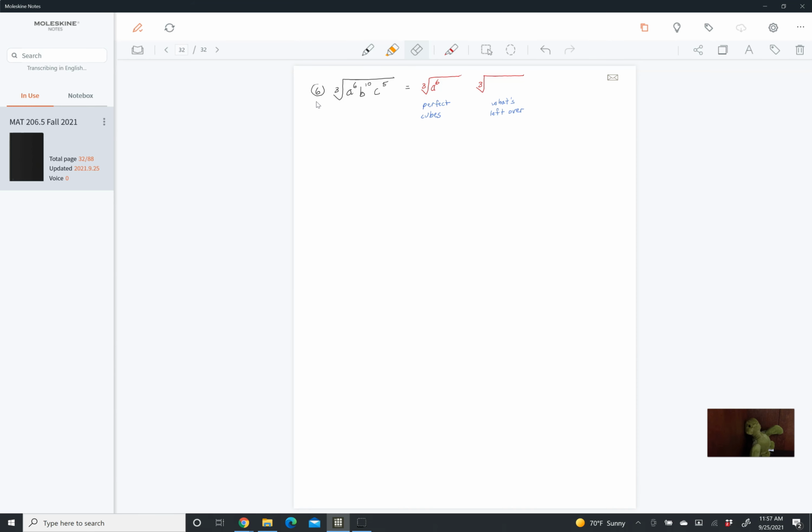And there's nothing left over. Okay, let's do the b. So we look at the 10. 10 is not divisible by 3, so go down by 1. 9. 9 is divisible by 3. So that means that b to the 9th is a perfect cube. What's left? Well, we still have 1 b left over. 9 and 1 is 10.